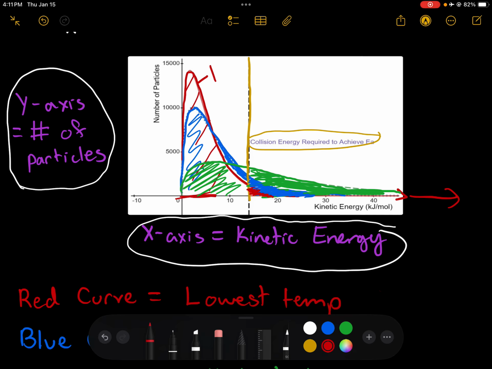And those shaded regions that I just gave you represent molecules that can react. So again, the green, the highest temperature, has the largest amount of molecules in that sample that can achieve a reaction. The blue has a middle amount, and the red has a very, very small amount of molecules within that sample that have enough energy to hit each other and react. Okay?